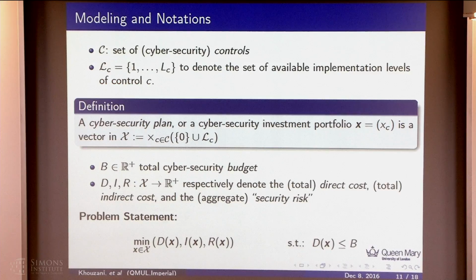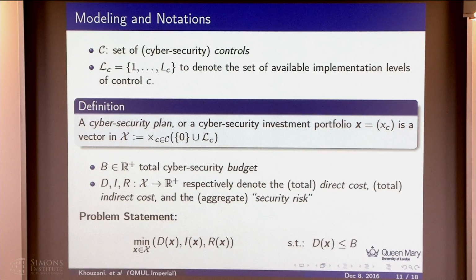So let me just give you a little bit of intuition on how these things work. We have controls. For each control, we have a set of possible levels of intensity that can be implemented. And a cybersecurity plan is just a bit vector on the space of control times level.